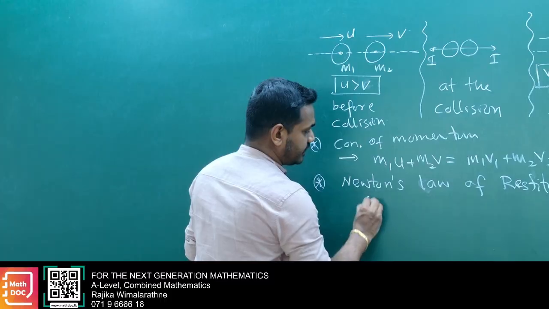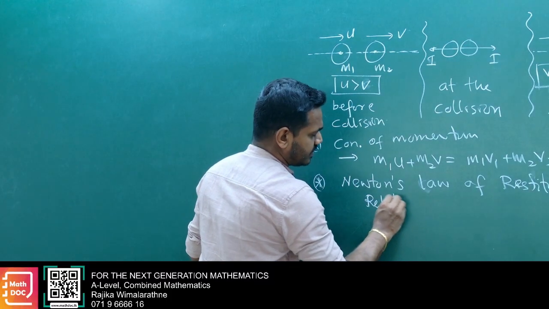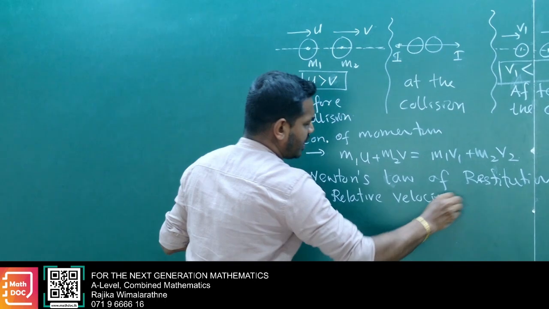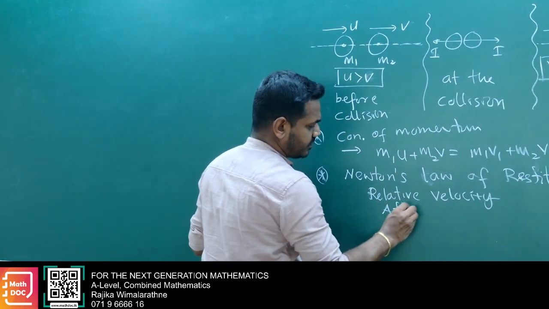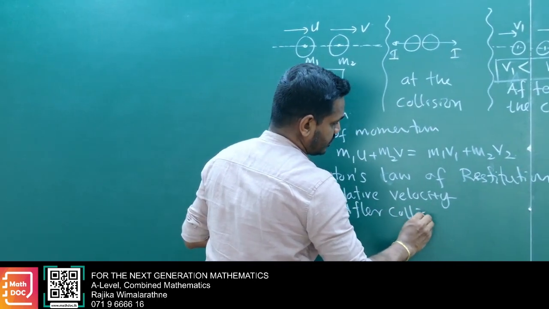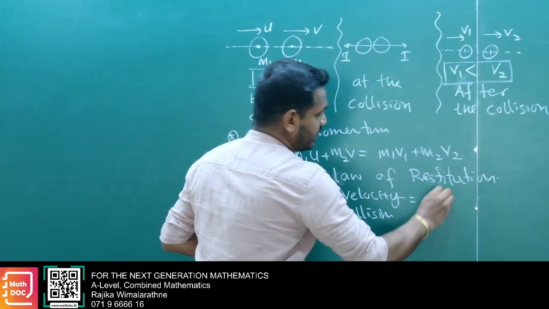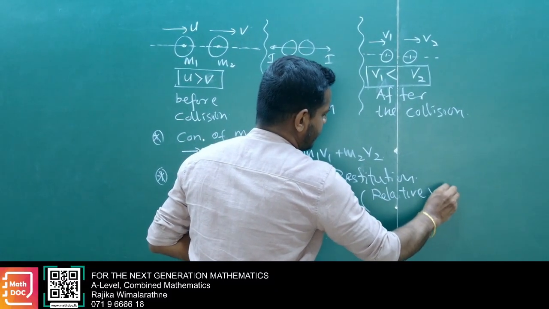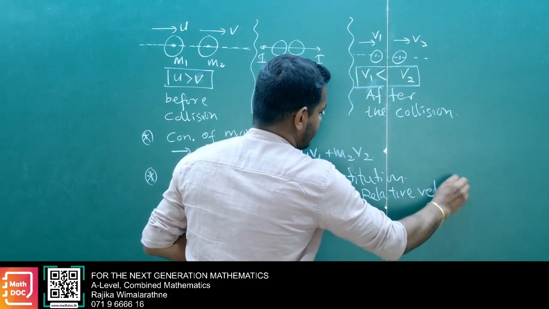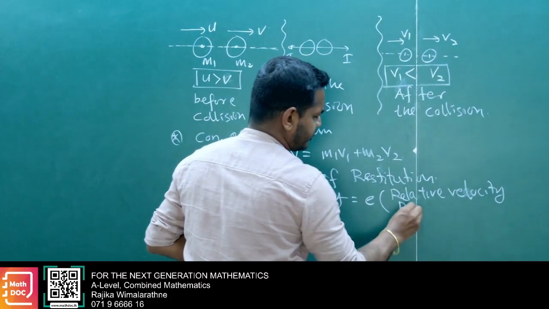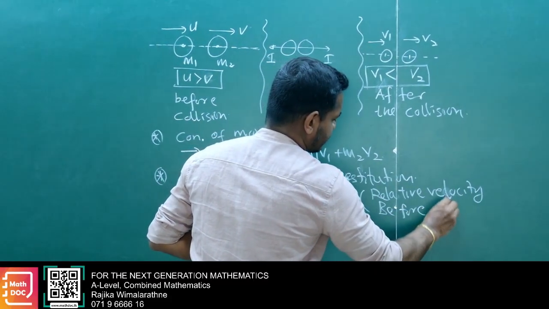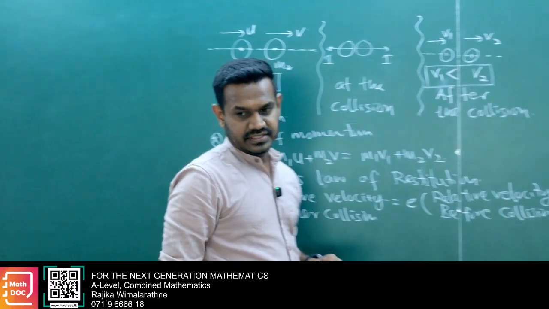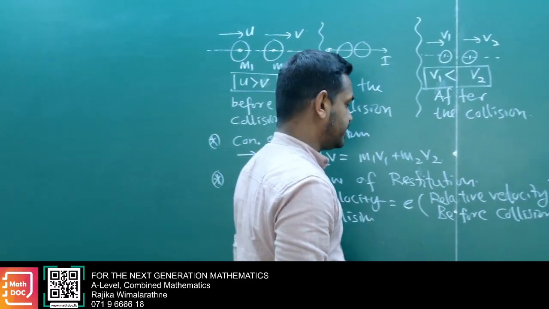That is, the relative velocity after collision equals E times the relative velocity before collision. E we call the coefficient of restitution.